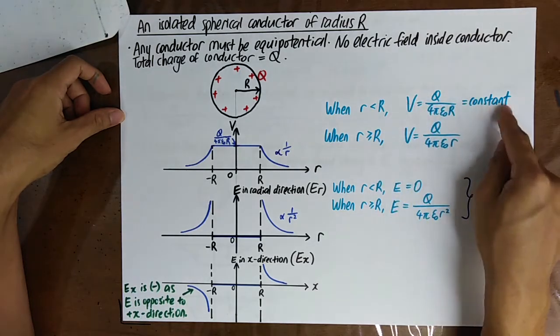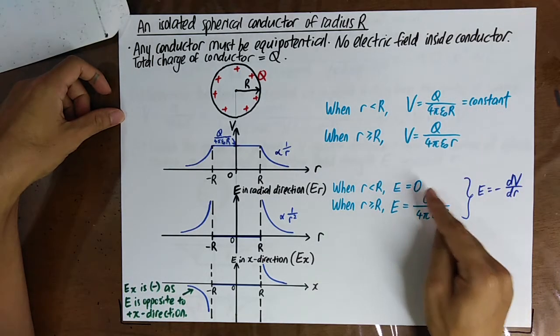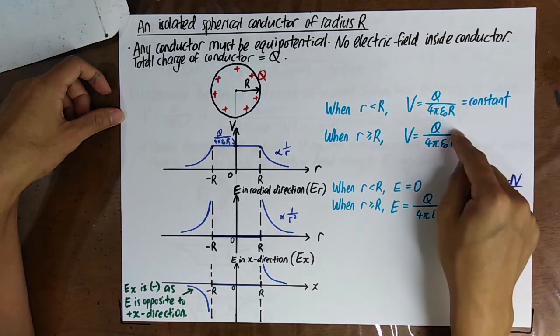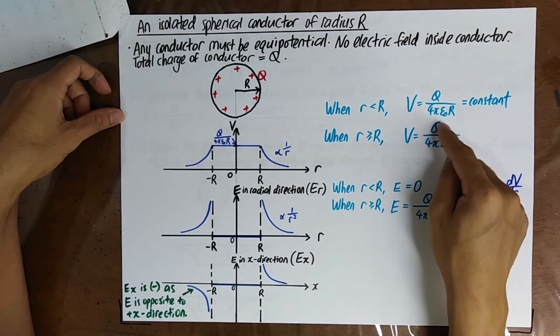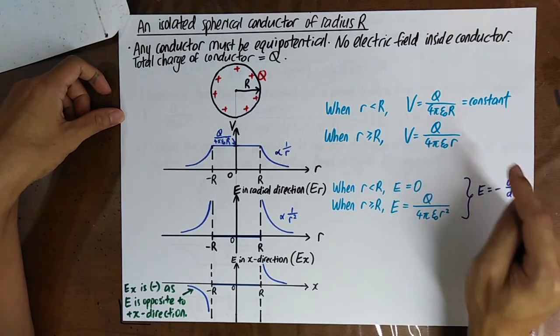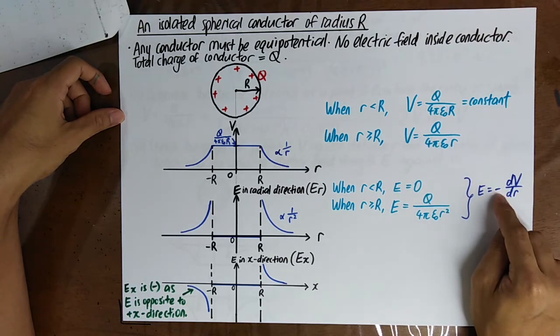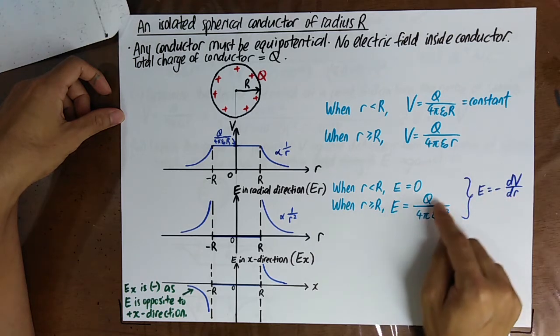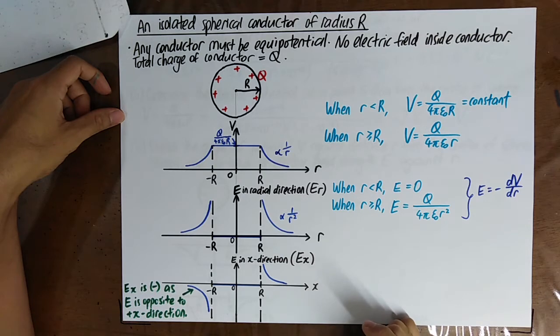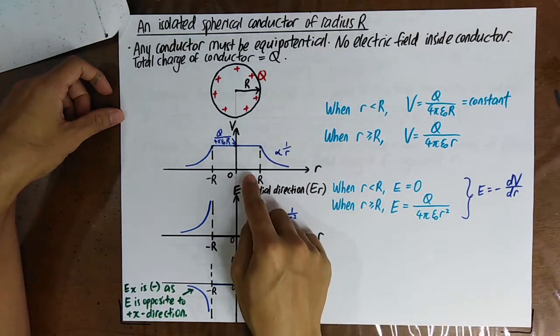You differentiate a constant, you will get 0. And then dV over dr, if you differentiate this one, then you will get negative Q over 4 pi epsilon naught r squared. Since there's a negative sign here, you will get E equal to Q over 4 pi epsilon naught r squared.